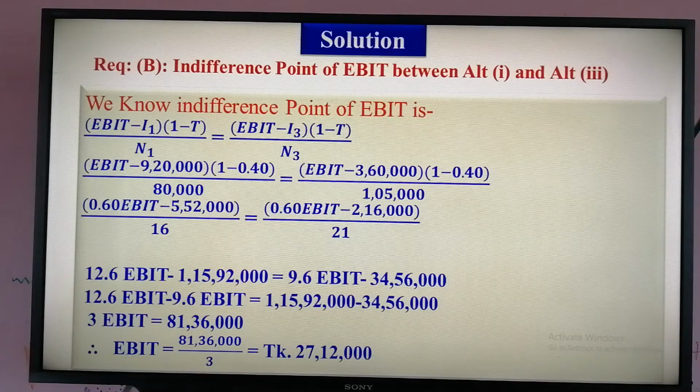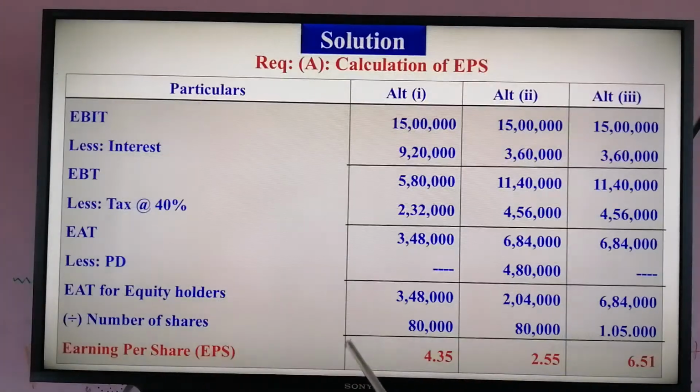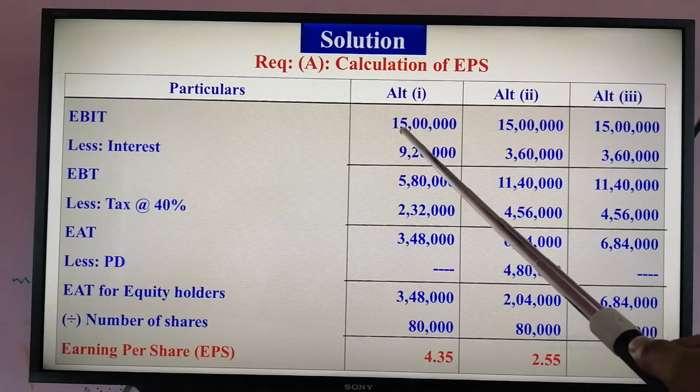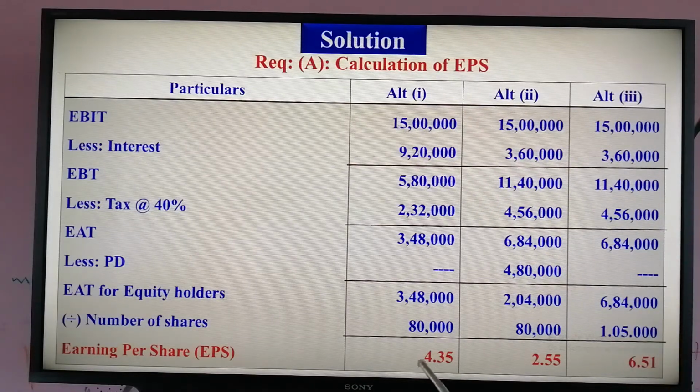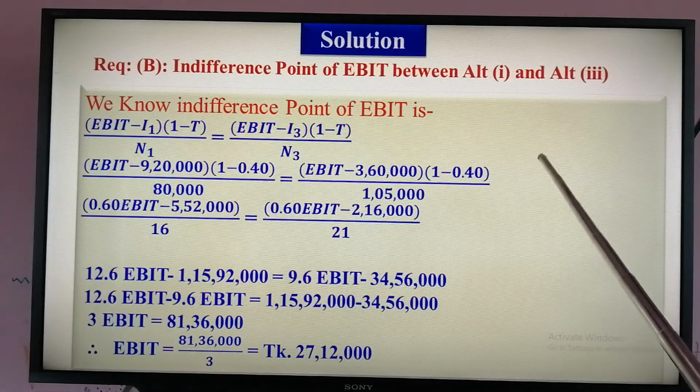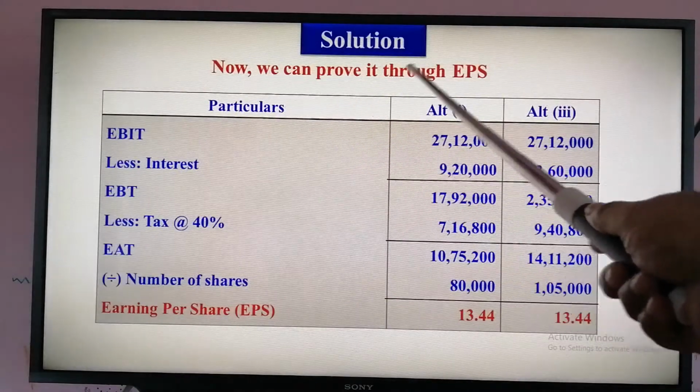So earlier I mentioned that if you use this EBIT for 1 and 3, not 15 lakh but 27 lakh 12,000, then their EPS will be the same. For example, this is the EBIT, prove it. Now we can prove it.